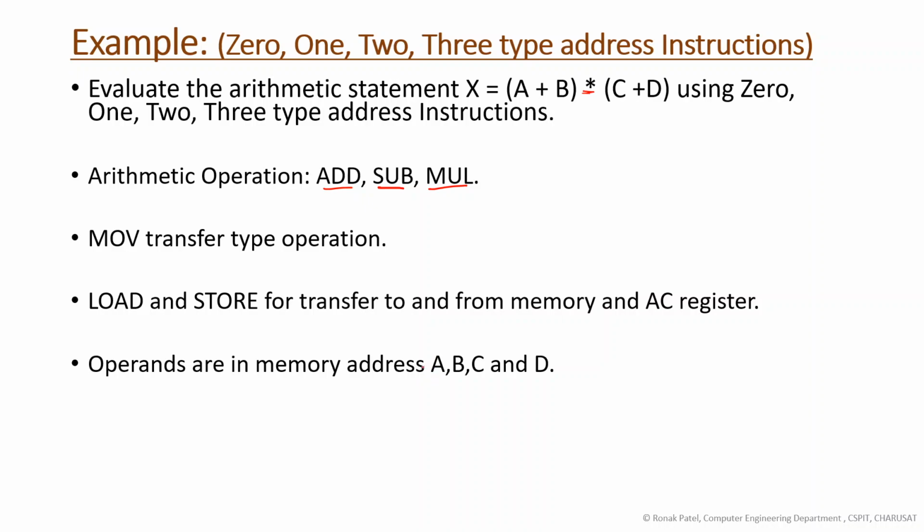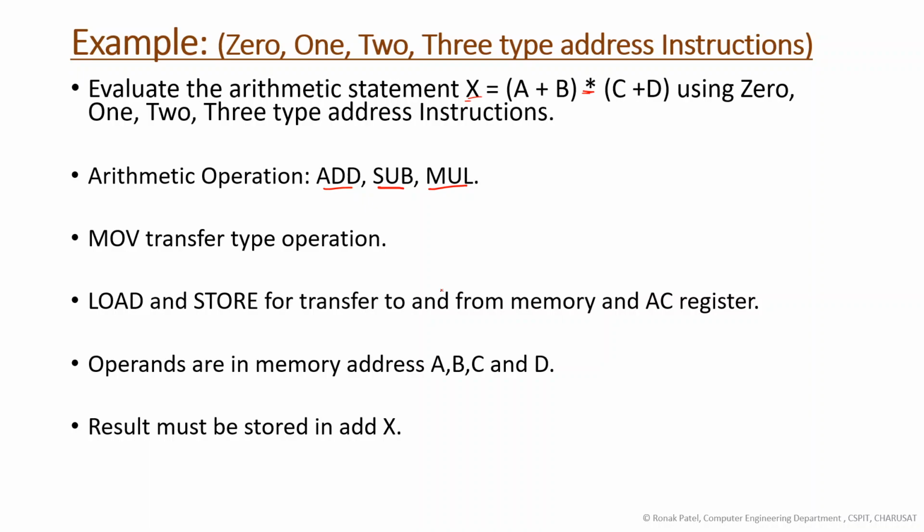So that value we need to fetch from memory for A, B, C, and D. And the result must be stored in X. So the ultimate result of this addition we need to store in X.